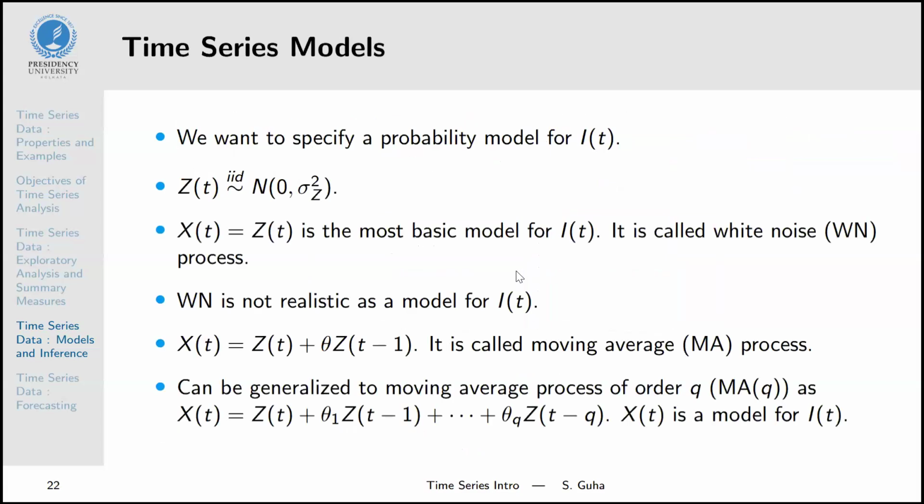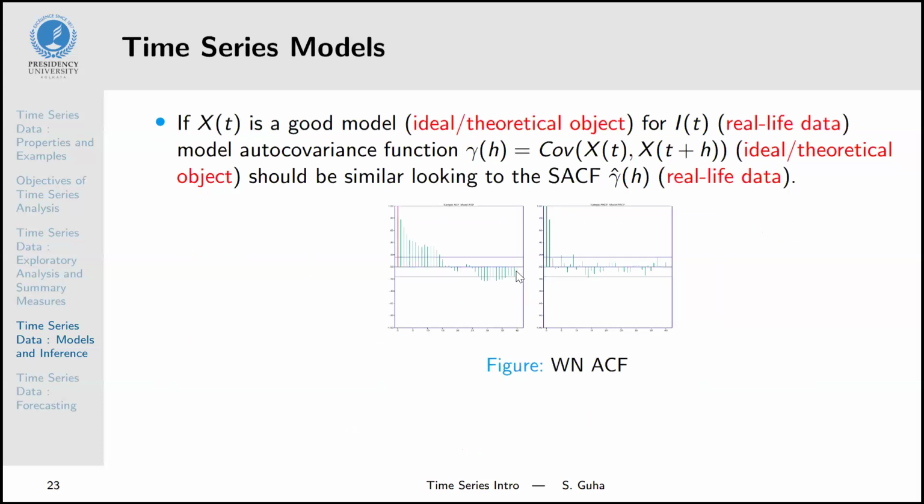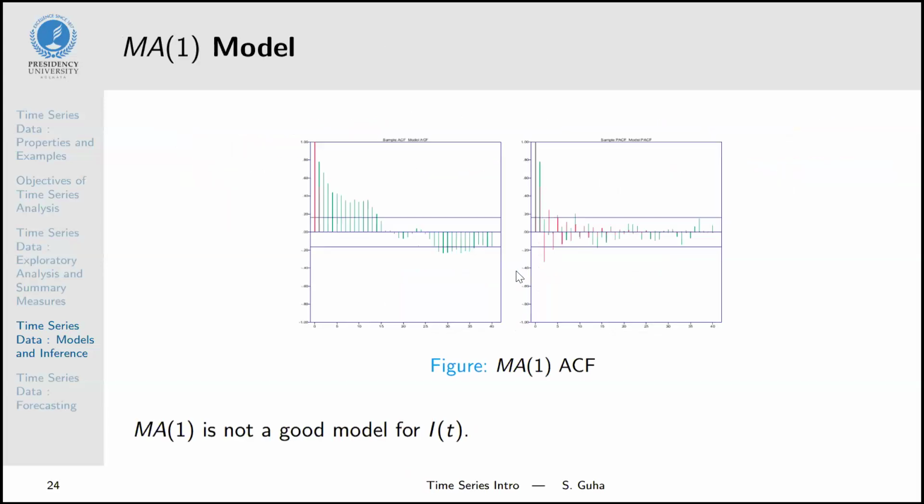This is definitely one such process like white noise, and it must have some kind of theoretical covariance function. We'll just try to match whether the theoretical autocovariance function and the correlogram are matching or not. For white noise, they are not matching. It is clear from the picture. So let us see whether the MA is matching or not.